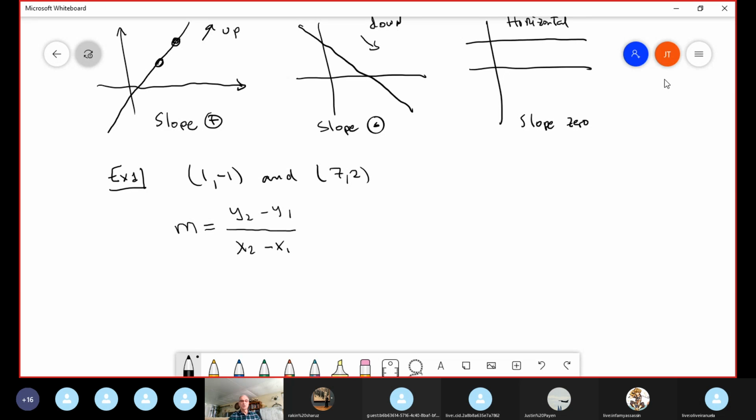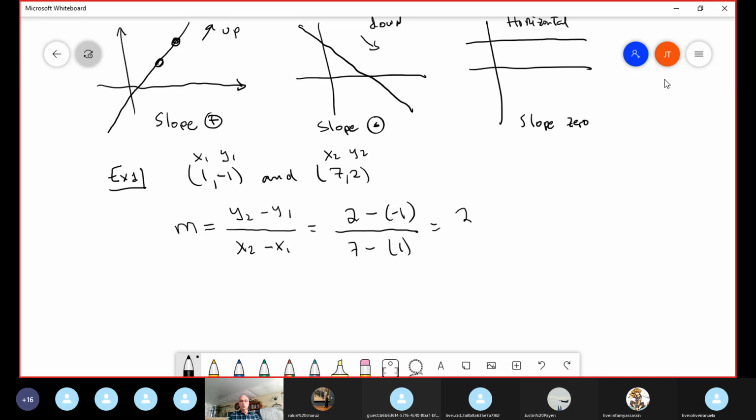This is my first point, x1, y1, and this is my second point, x2, y2. Substitution: y2 is 2, minus y1 is -1, over x2 is 7, minus x1 is 1.